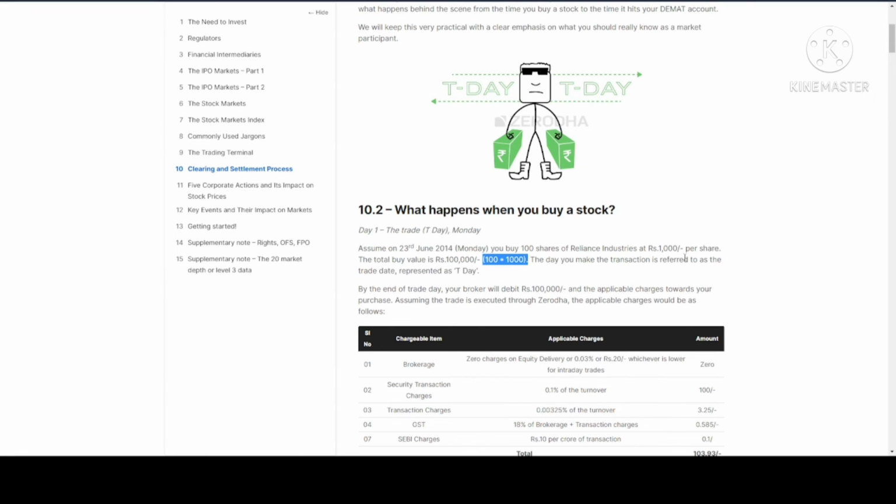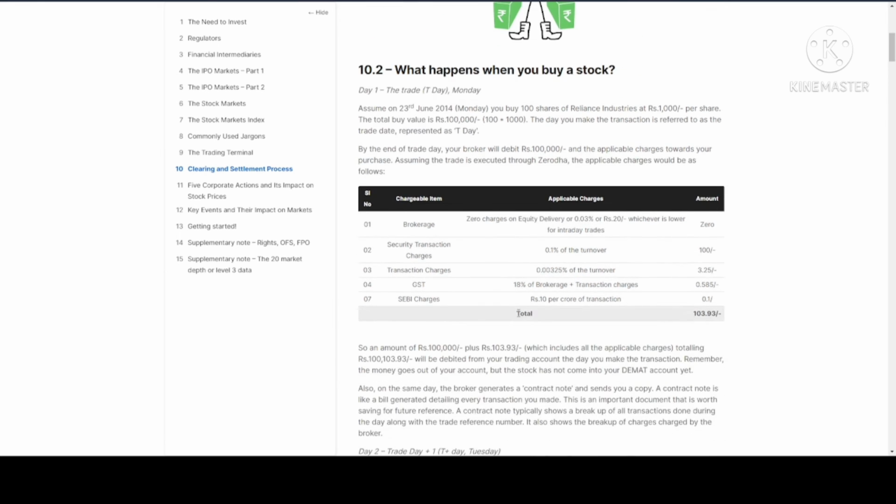The day you make the transaction is referred to as the trade day, represented as T day. By the end of the trade day, your broker will debit rupees 1 lakh and applicable charges towards your purchase. Assuming the trade is executed through Zerodha, the applicable charges will be as follows.